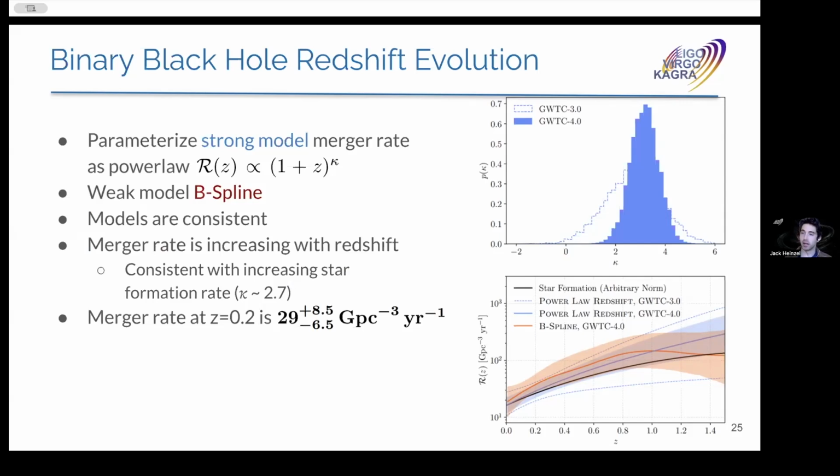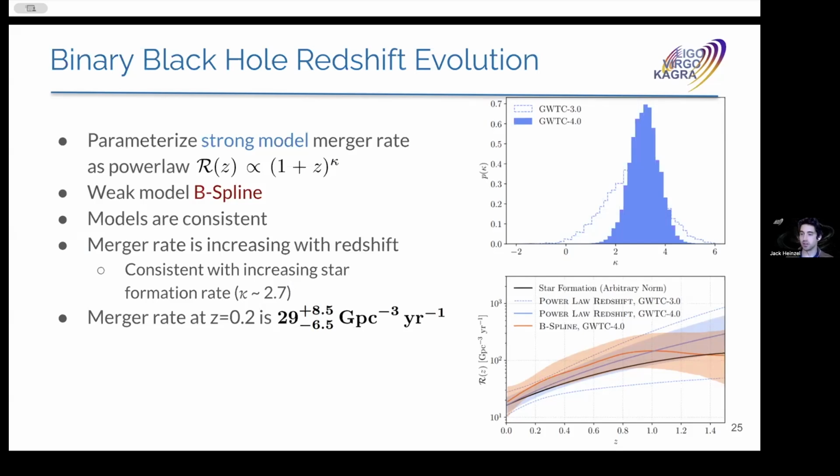And we infer this power law index kappa. On the upper panel, you can see we're comparing the inferred value of kappa in the dashed unfilled histogram, which maybe had a tail towards 0, which was a tail towards no evolution with redshift.